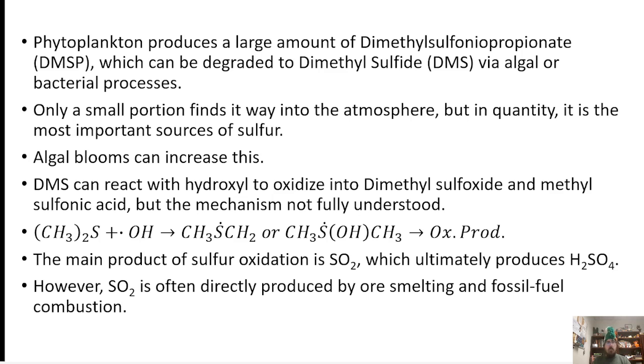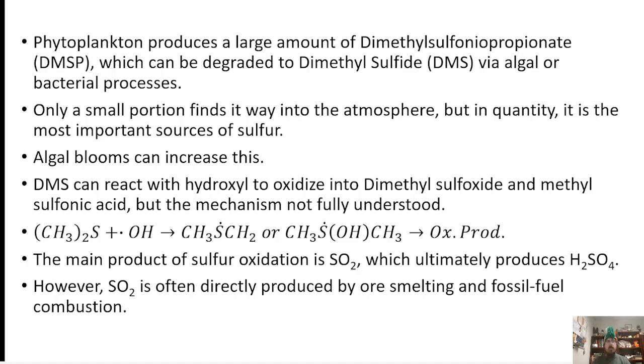Things like algal blooms can increase this. So when we have giant blooms of algae because of pollution, it's going to produce a lot more DMS, which is going to cause a lot more acid rain.